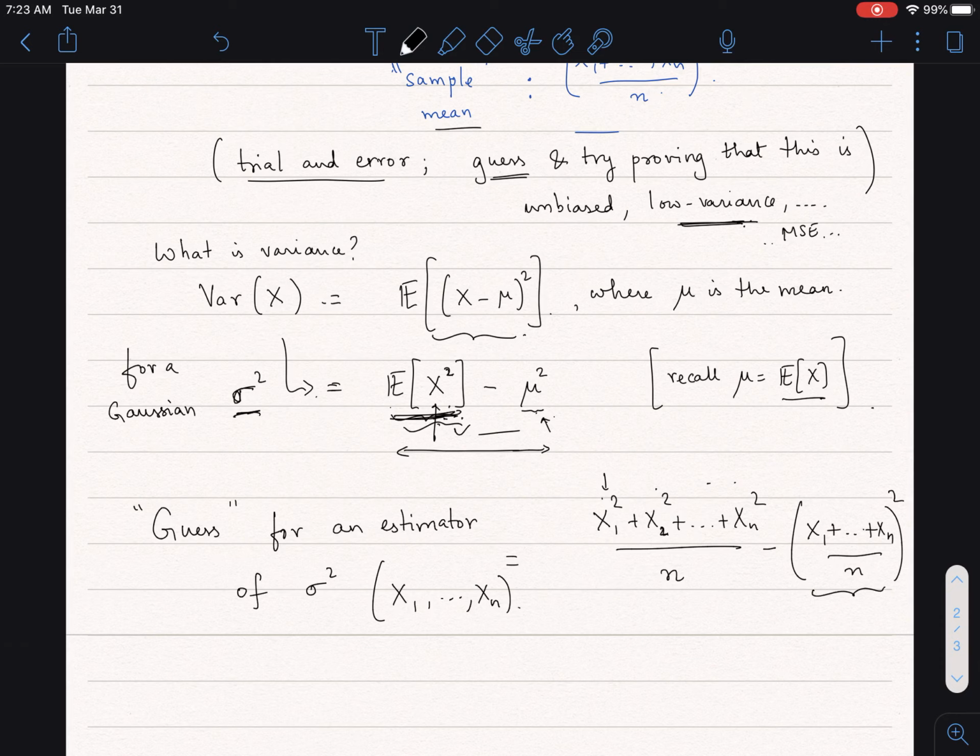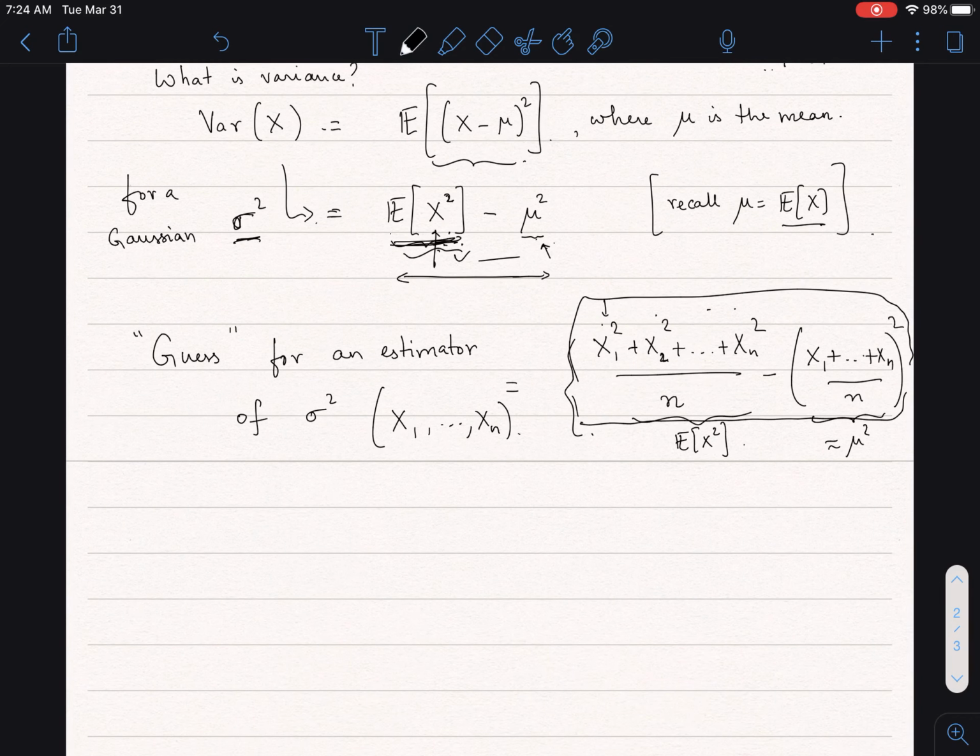So this is supposed to be like mu squared, and this is supposed to be like the expected value of x squared. This quantity is simply a function of the data that you have, so this would be a guess for an estimator of the variance.